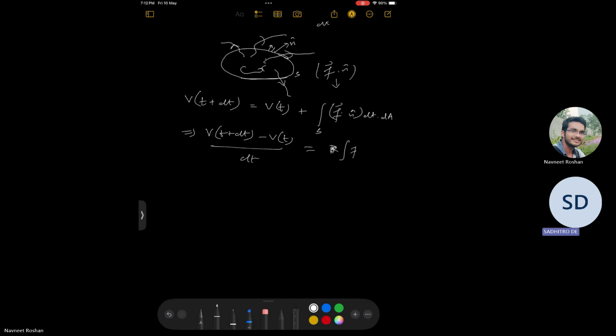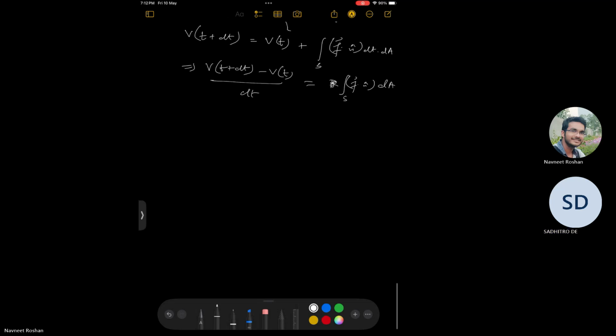So the left hand side is basically V dot, equal to the surface integral of f dot n cap dA.